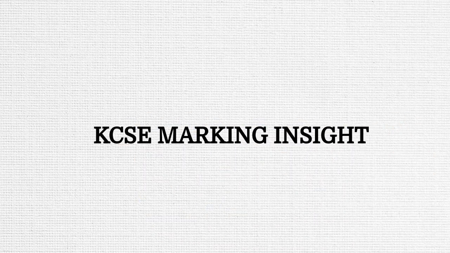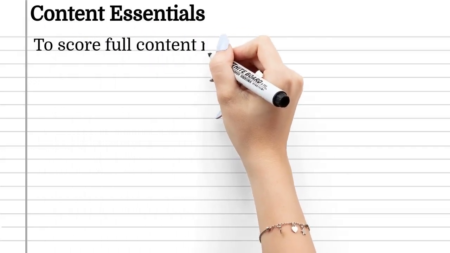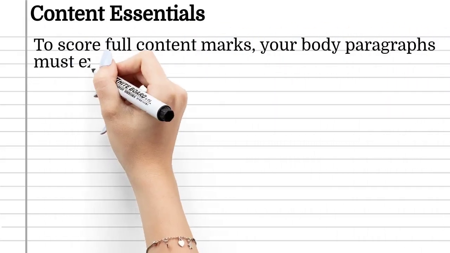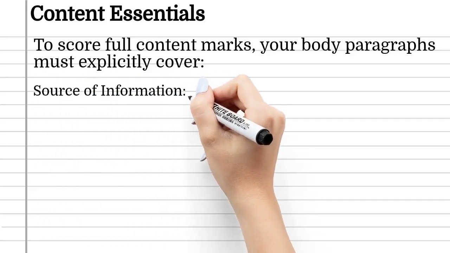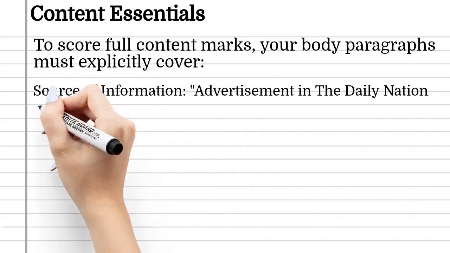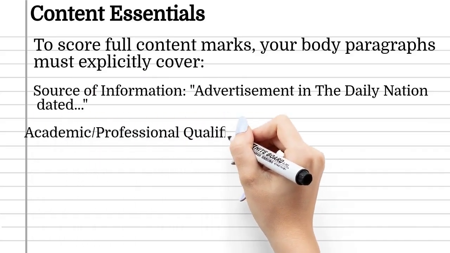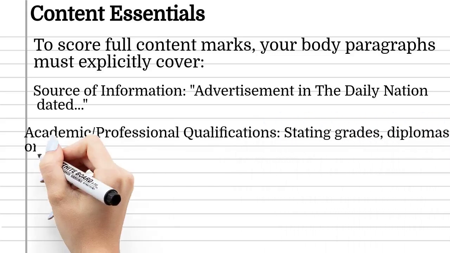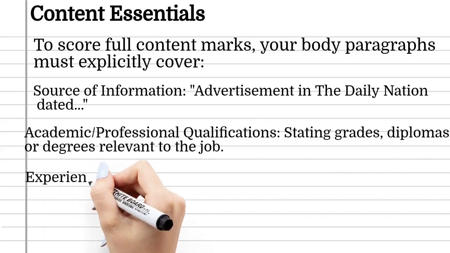These are the KCSE marking insights for the letter of application. To score full content marks, your body paragraph must explicitly cover, number 1, your source of information. Where did you get the information and when did you get the information? Number 2, academic or professional qualification.